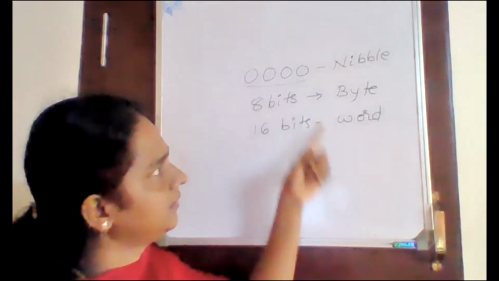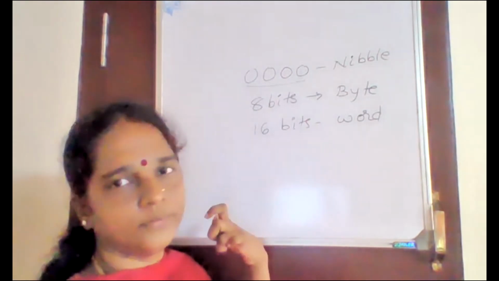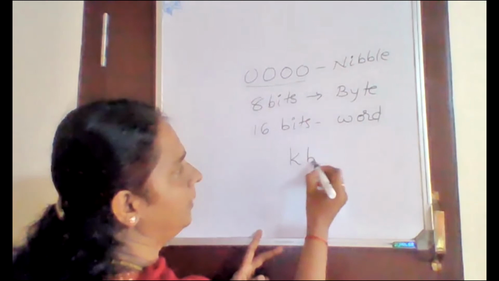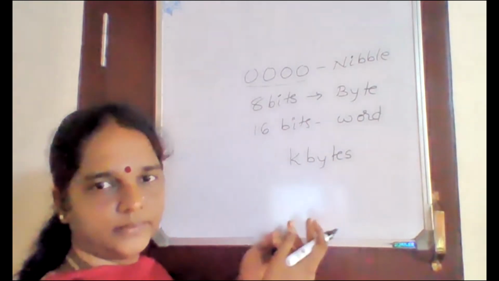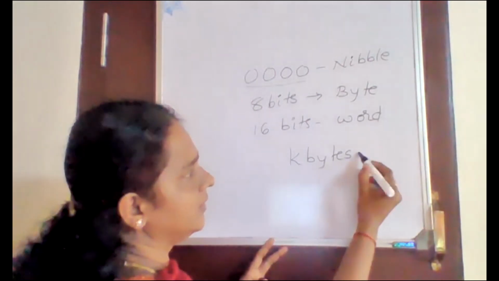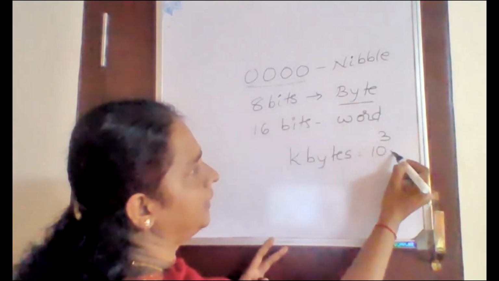These are a few terms which you have to remember. We are all familiar with kilobyte and megabyte. A kilobyte is nothing but 10 to the power 3 times 8 bits.